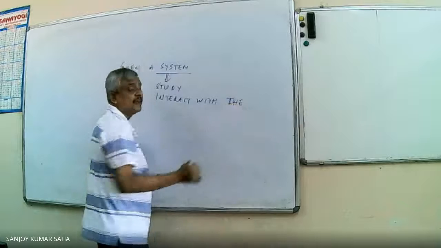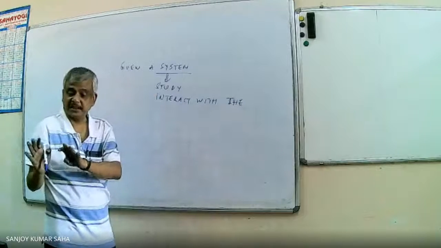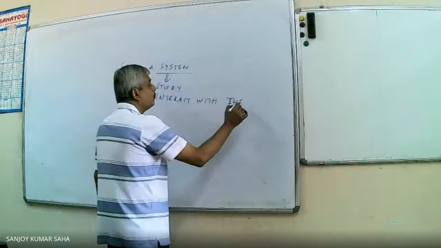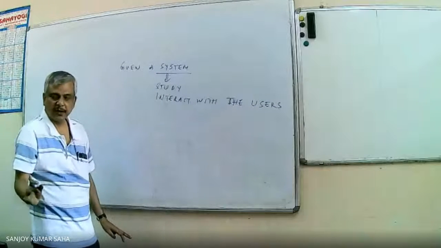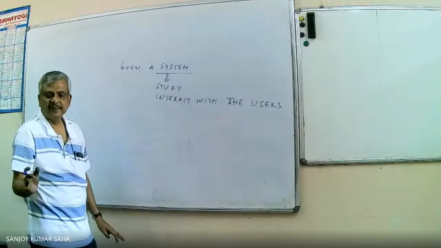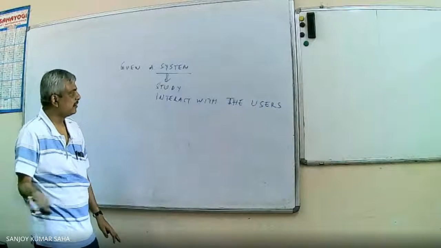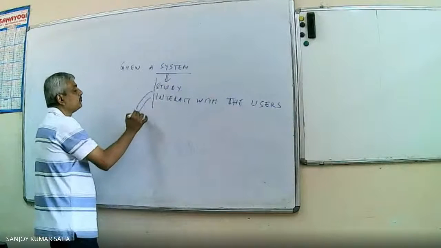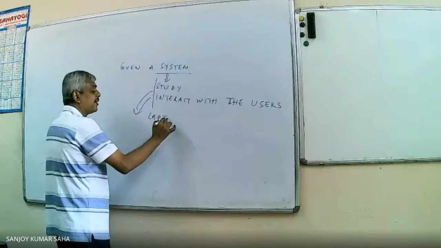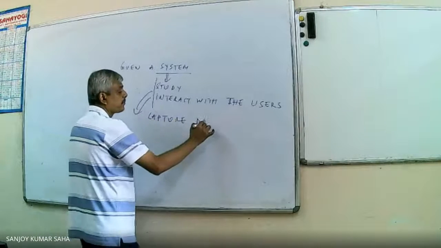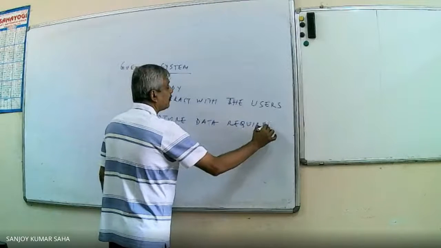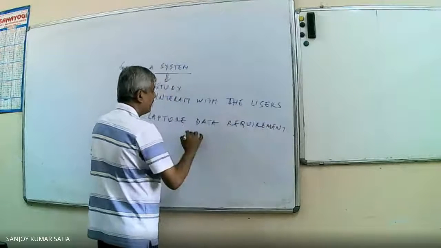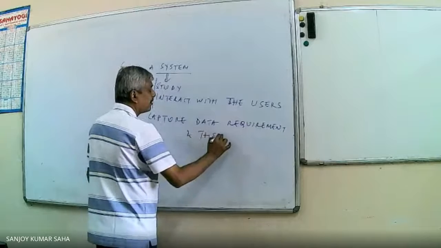There may be some manual system. If there is no computer system, at least there is some manual system. So we have the users of the current system, maybe manual, maybe a computer system that will require upgradation. So capture the data requirement and their relation.